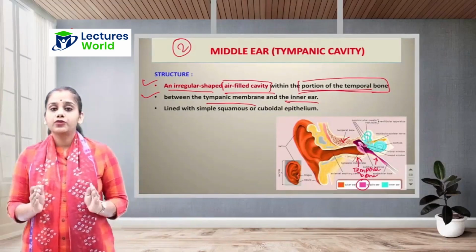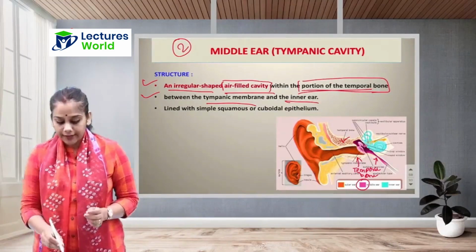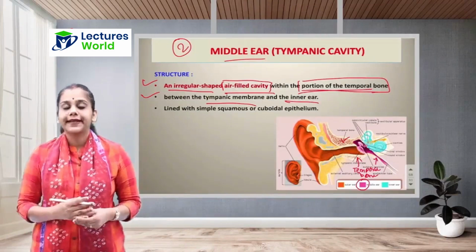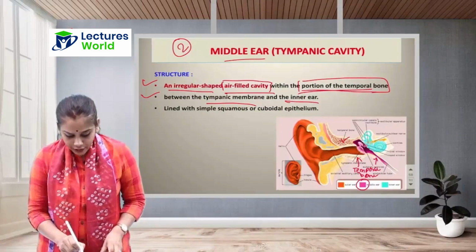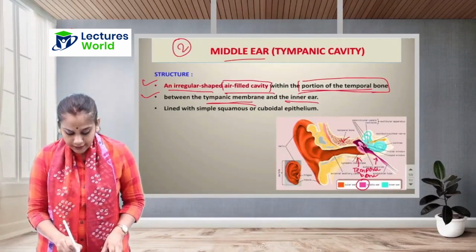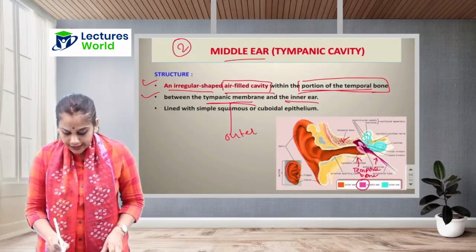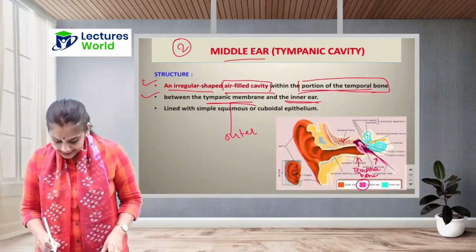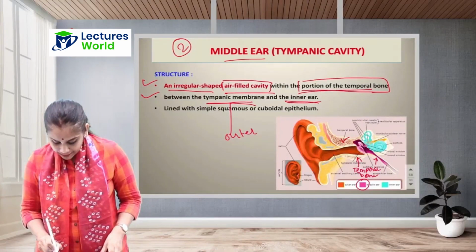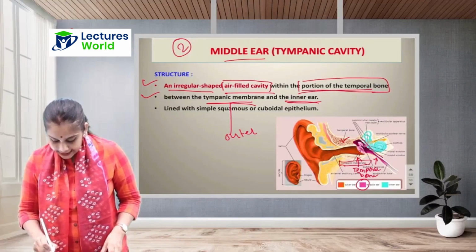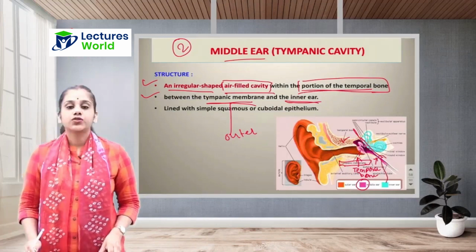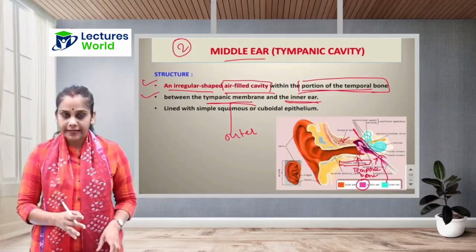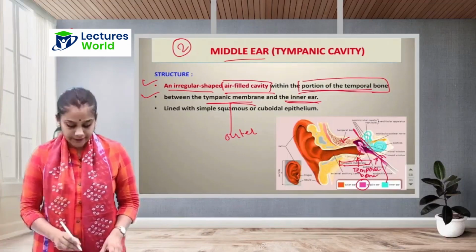The middle ear is located between the outer ear and the inner ear, from the tympanic membrane to the inner ear. See, this is the outer ear, this is the tympanic membrane, and here there is the inner ear. So this is the portion between the tympanic membrane and the inner ear.